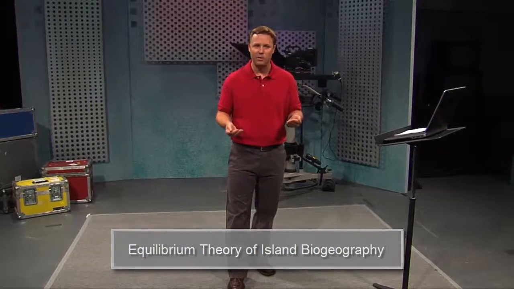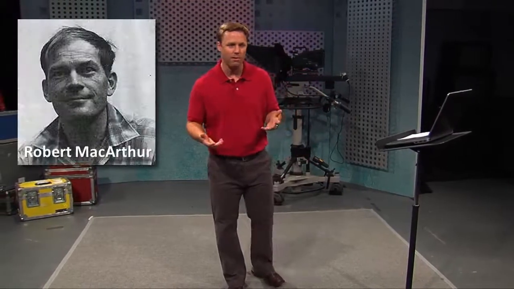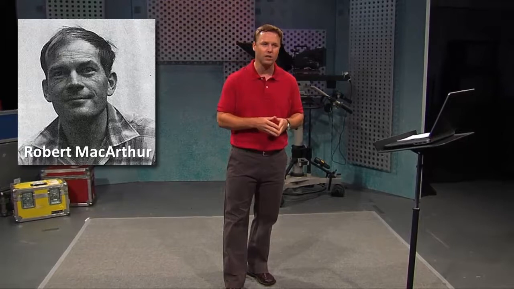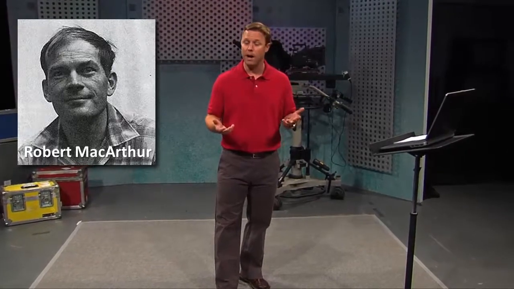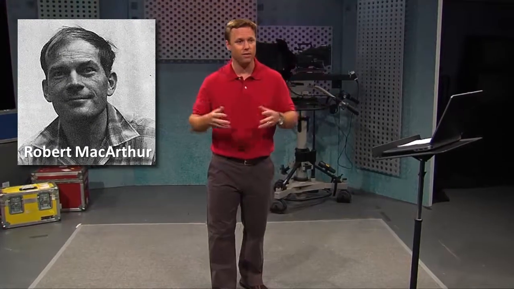And the equilibrium theory of island biogeography was really developed and popularized by two people, Robert MacArthur, who some of you might be familiar with, the American ecologist who was a pioneer in terms of community ecology, and of course Edward O. Wilson of Harvard University.